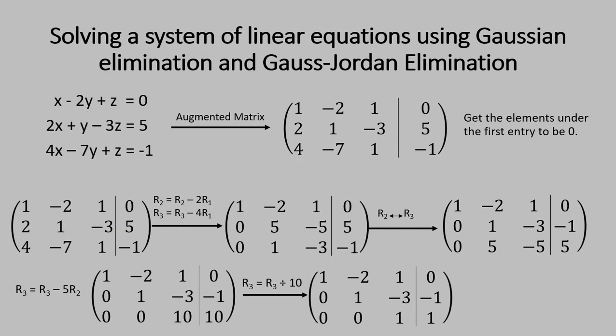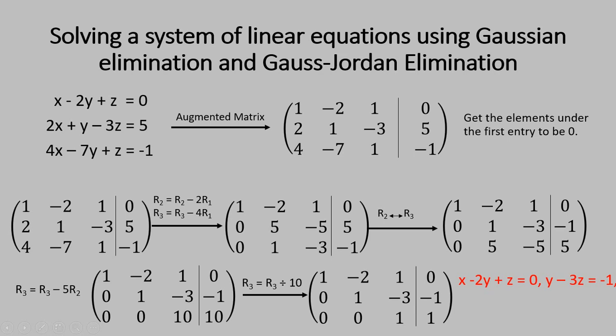So the equations that we get are x minus 2y plus z is equal to 0. How did we get that? We got that from the first row. This one here goes with the x, so it's like 1x minus 2y plus z, and that is equal to 0.